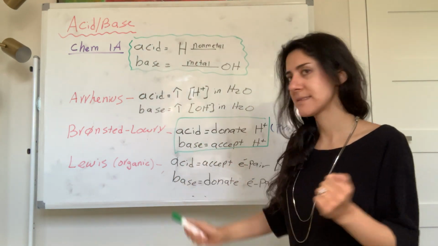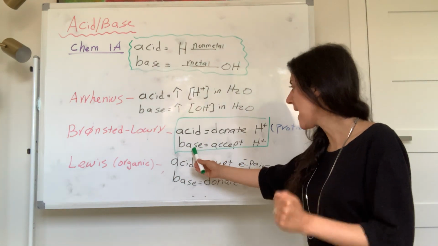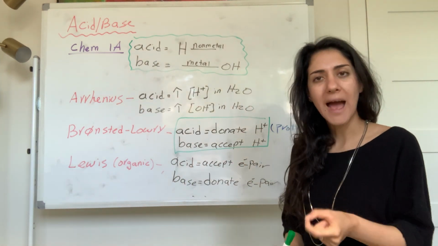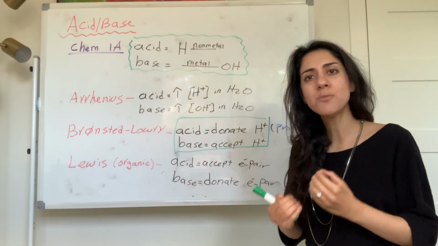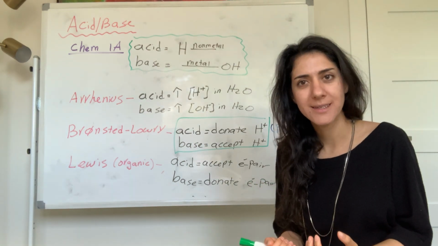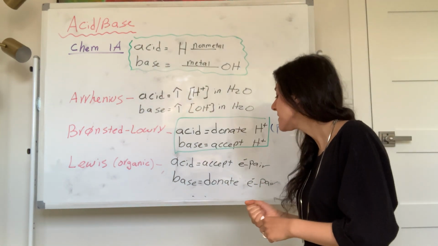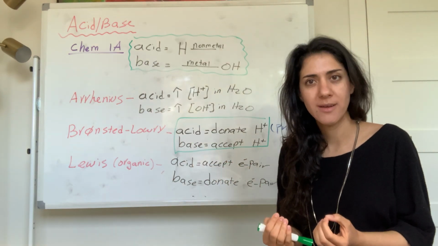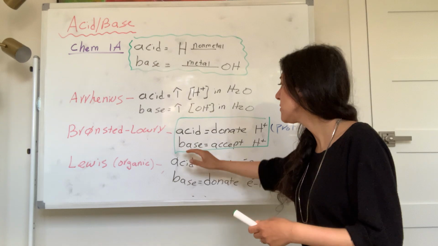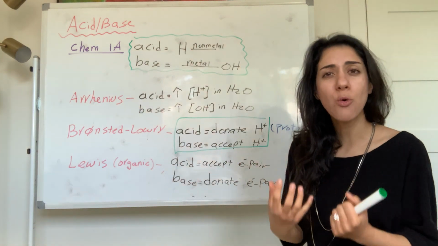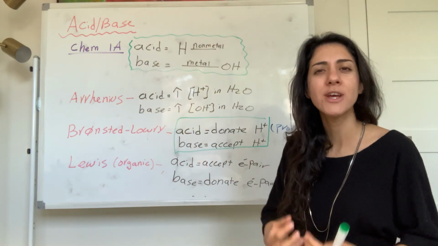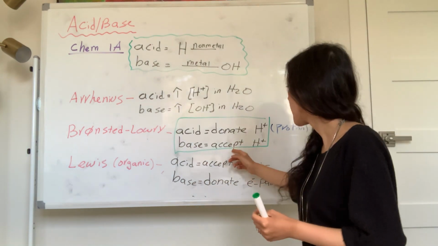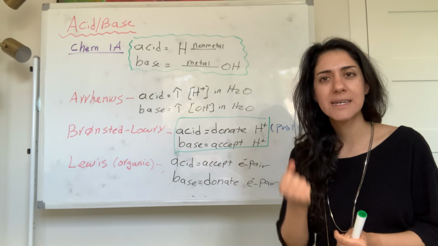Now this is exactly the same thing. Before a base goes and gets the H plus from the acid, the base needs to be able to afford it. So you are a base if you somehow have extra electrons. Usually you have a base if you have a lone pair, you have a minus charge, you have extra electrons, because with the extra electrons, you're going to be able to afford getting an H plus.